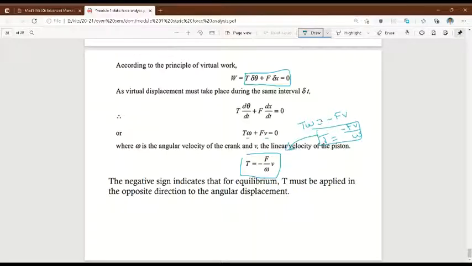That's what is given here. So what does the negative sign explain? This negative sign says that if you want to keep the mechanism in equilibrium, you have to reduce this much torque. Otherwise, this much torque should be applied in the opposite direction.